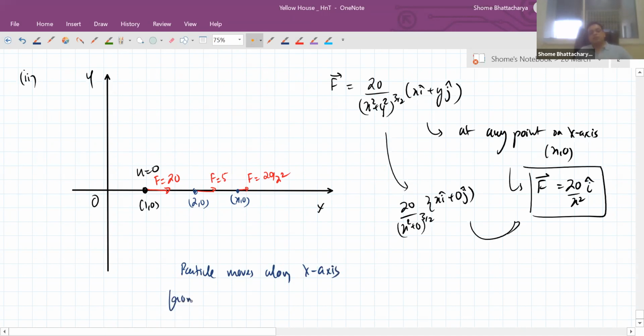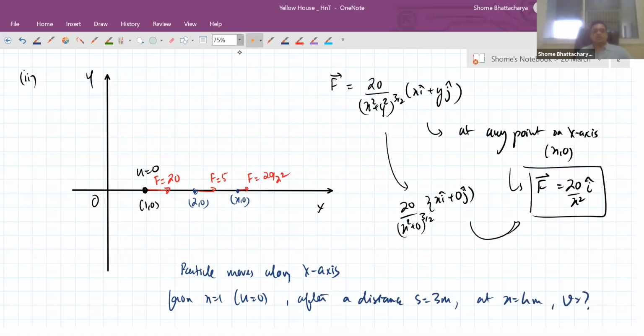So from x equal to 1, u equal to 0, after a distance of 3 meters, at x equal to 4 meters, we want to calculate the speed of the particle. So we will use conservation of energy. Okay.